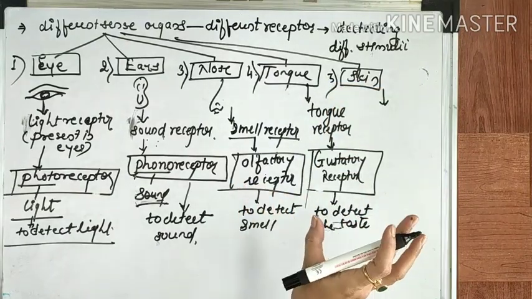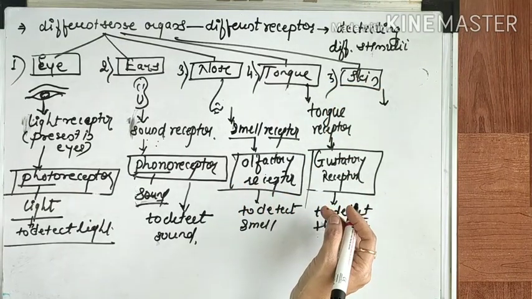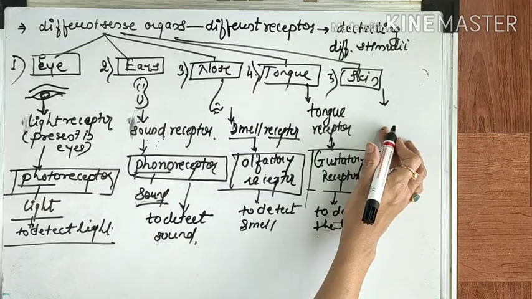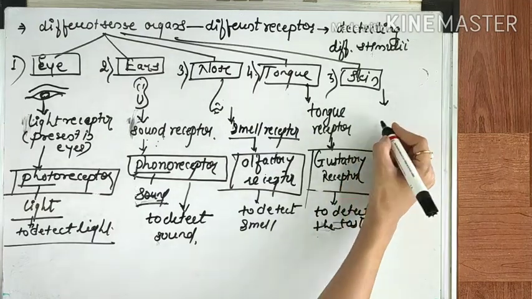Okay, now the last sense organ is the skin. On the skin there are receptors, and those receptors are present for detecting touch.